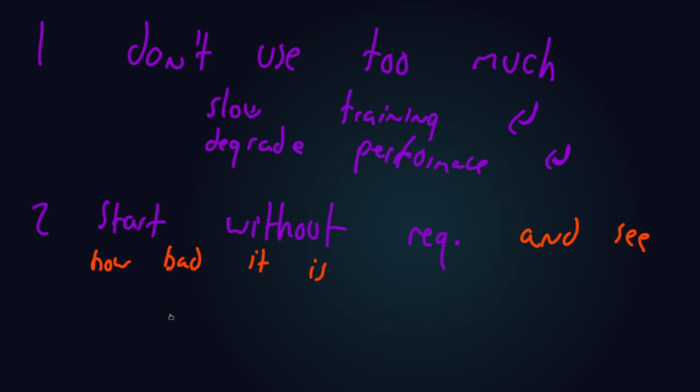And see how bad our overfitting is. Then add small amounts of regularization, not just noise. And see how much of an effect it makes. Okay? And then increase it incrementally.